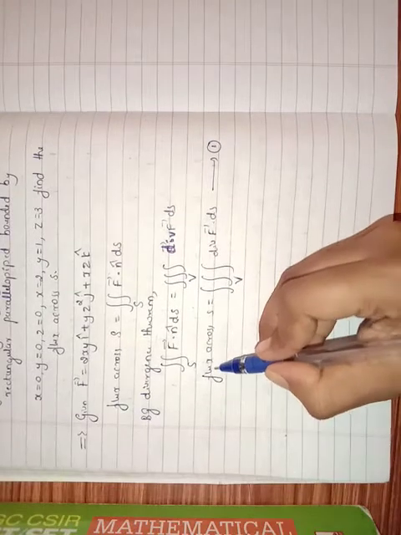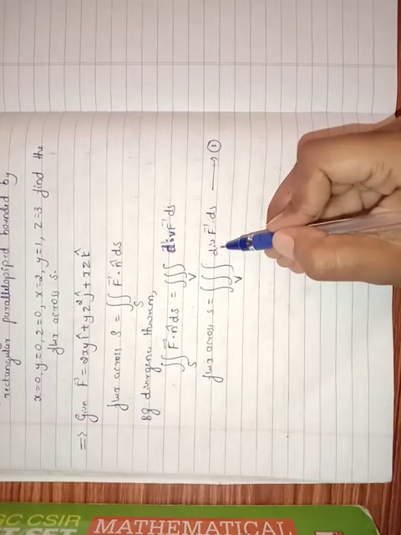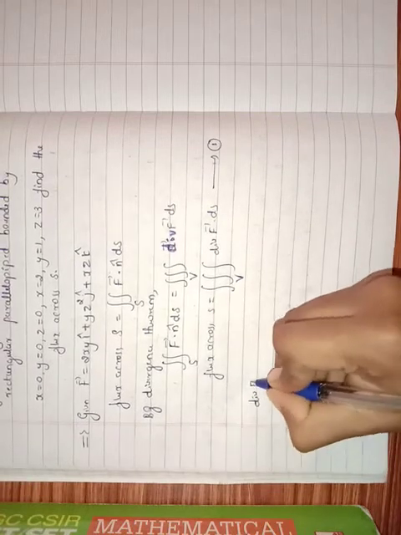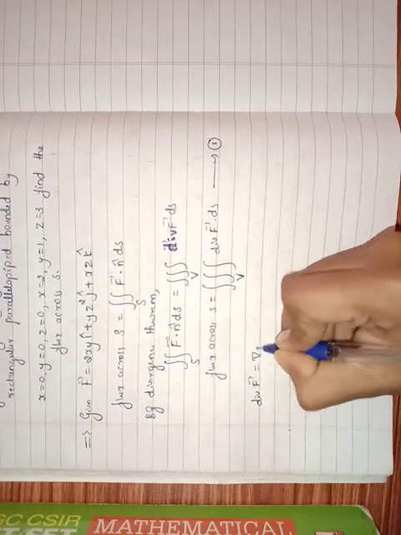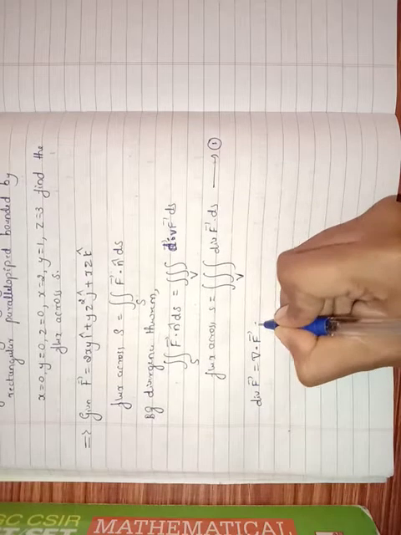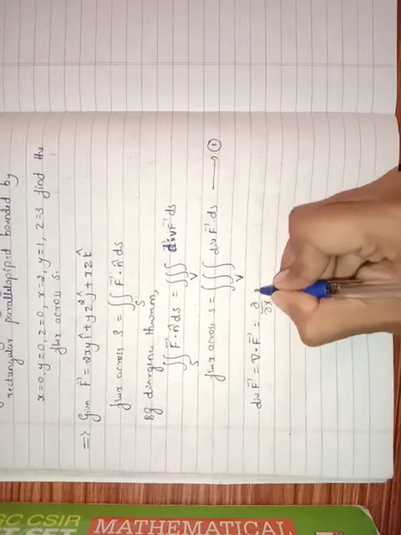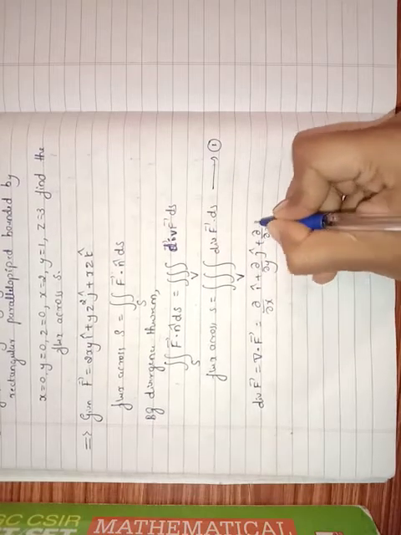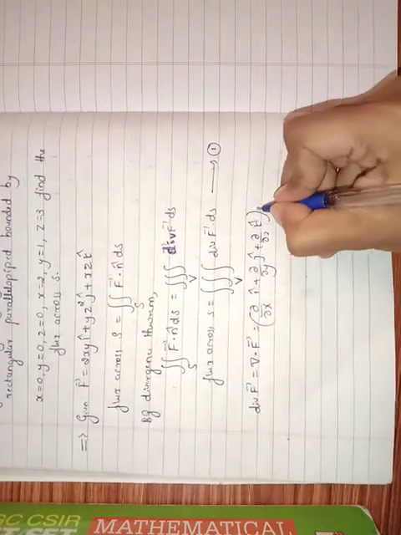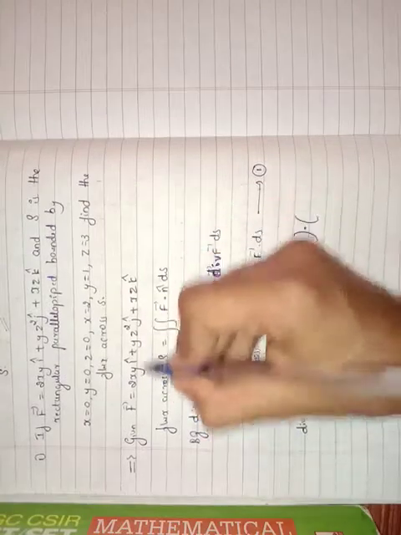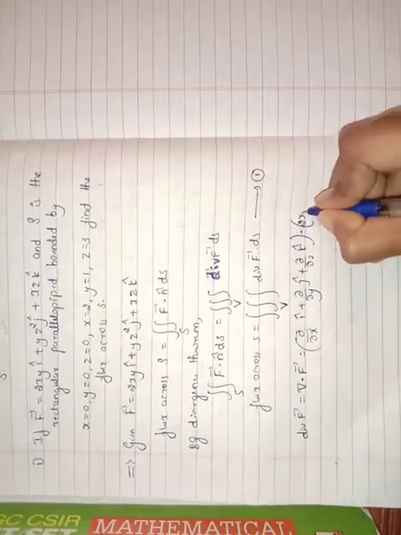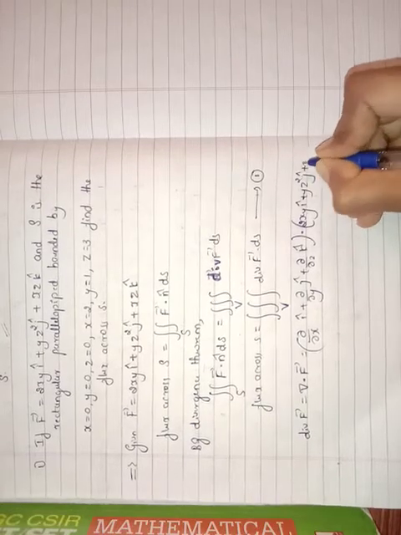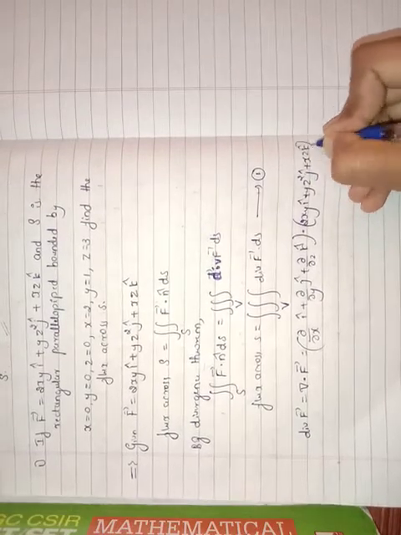So for finding the flux, we have to first find the divergence of F. Therefore, find the divergence of F. Divergence of F is nothing but del dot product with vector F. So del means dou by dou x i, dou by dou y j plus dou by dou z vector k, dot product with vector F. Vector F, what we have is 2xy i, yz square j, xz vector k.